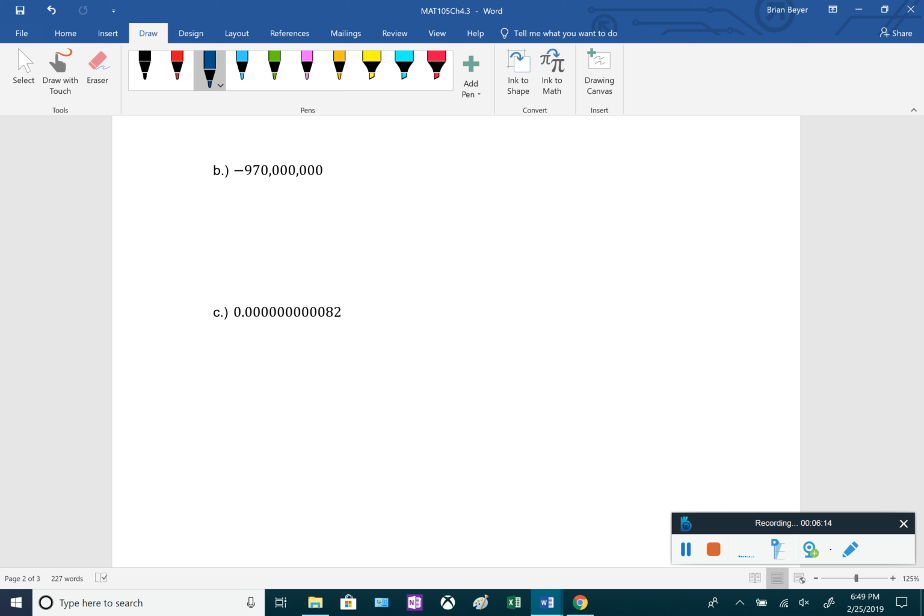So next one, we have negative 970 million. Starting with the decimal point over here on the right, we move it over until we get to right here. So this is going to be negative 9.7. Once again, we made sure we got to a single digit number. The 9 is single digit.